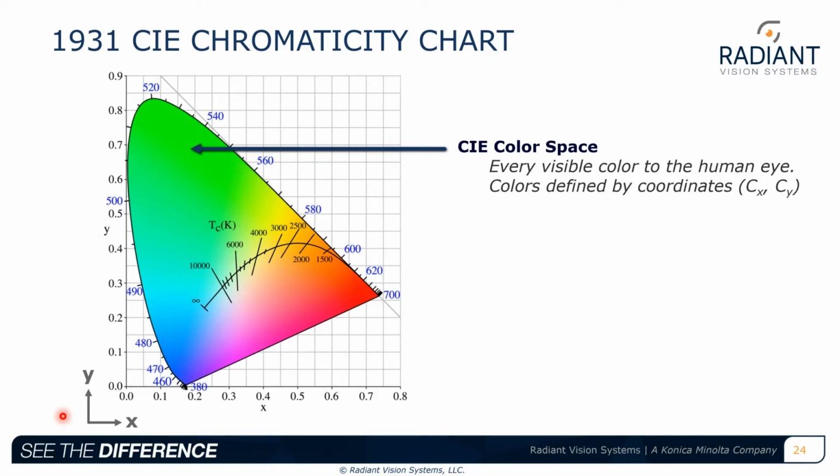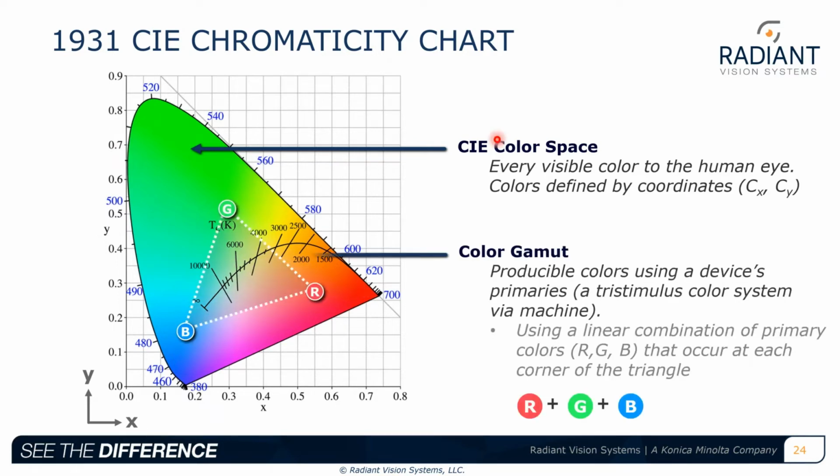This is a very common representation of color space, but it really is just one slice in a 3-dimensional color space. The whole thing here is called the CIE color space, and this is every visible color to the human eye, defined by Cx and Cy coordinates.